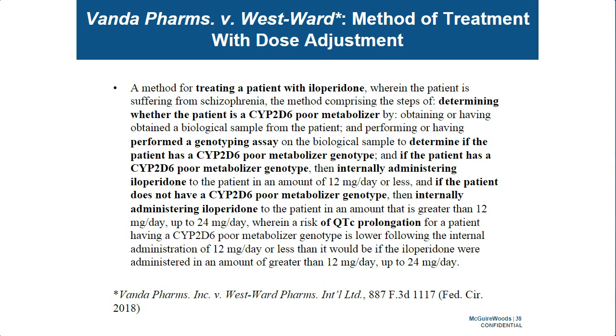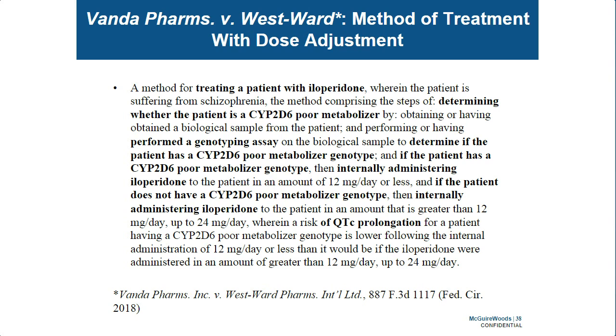And then once you determine that the patient has this genotype, you would administer this drug to the patient in an amount which is 12 milligrams per day or less. Because the patient is a poor metabolizer, you give the patient a smaller amount of this drug.